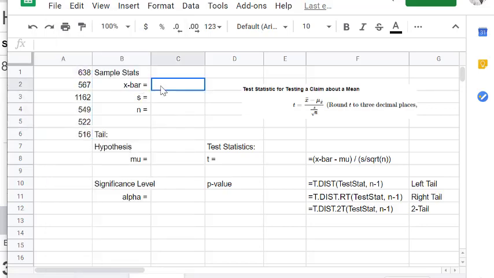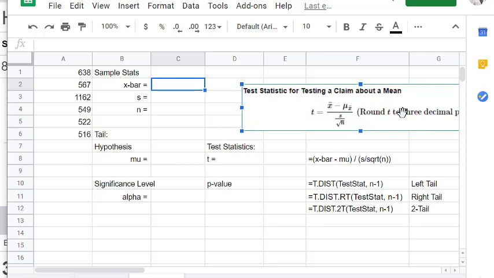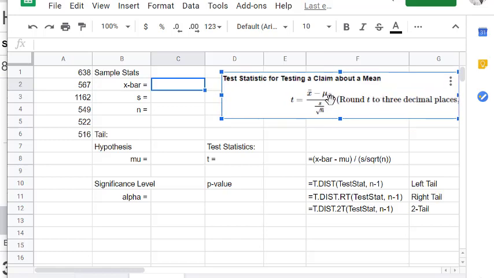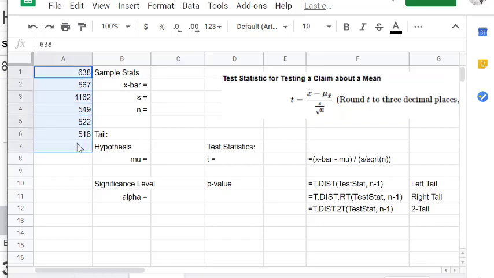Just by looking at the formula for the test statistic, we're going to need x bar, the mu sub x bar, so that's essentially what is involved with the null and alternative hypothesis. We need an s and an n. So all these come from the sample. For our sample, we need the x bar, the mean, we need the standard deviation, and we need the number of numbers that's involved here.